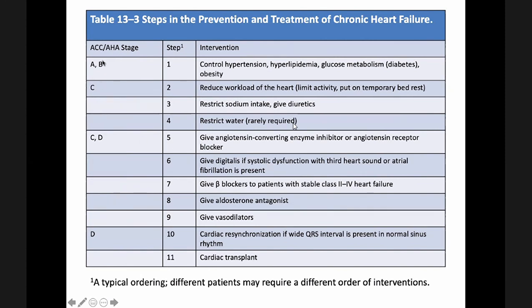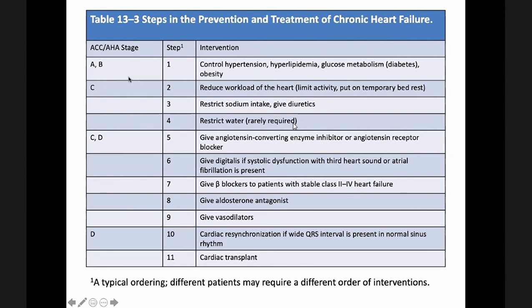For stage A and B, the important step here is to control hypertension if this is present, because these are the risk factors: hypertension, hyperlipidemia, diabetes, as well as obesity.